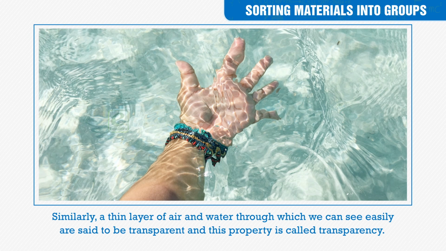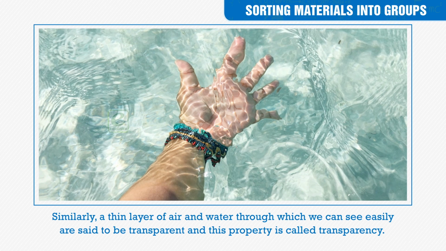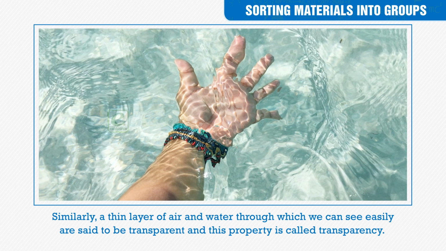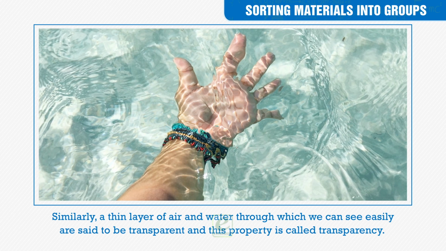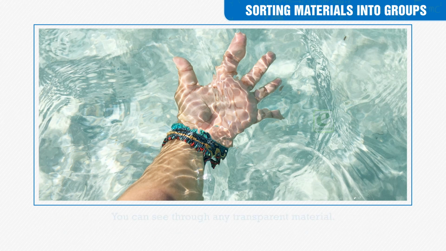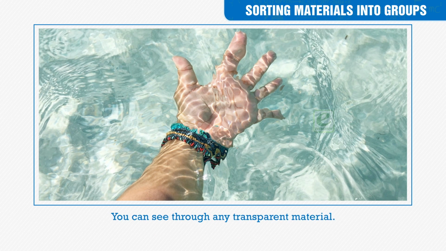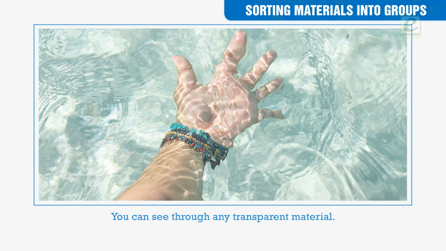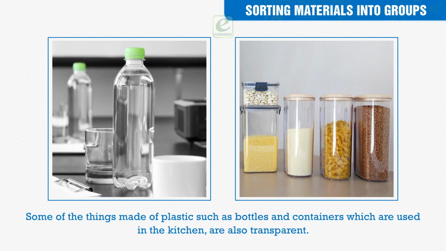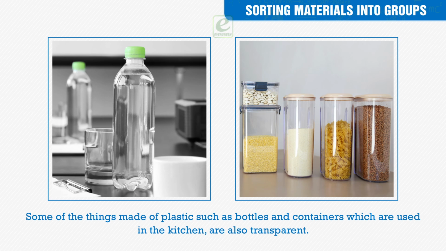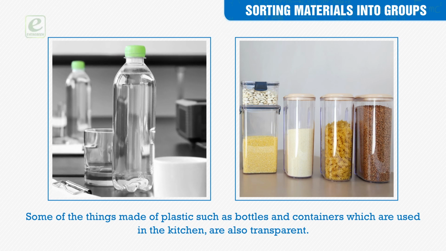Similarly, a thin layer of air and water through which we can see easily are said to be transparent, and this property is called transparency. You can see through any transparent material. Some of the things made of plastic, such as bottles and containers which are used in the kitchen, are also transparent.